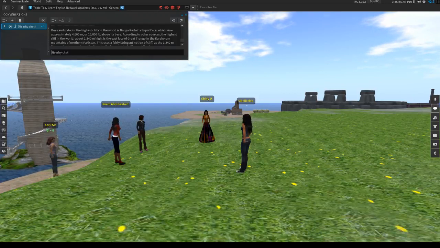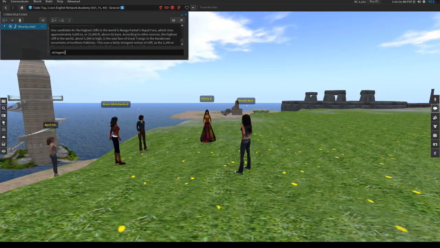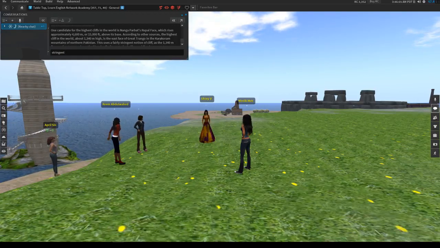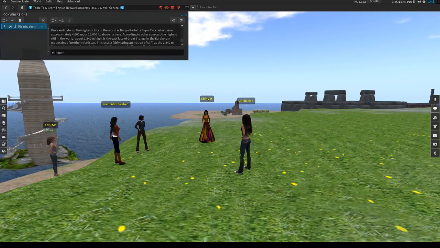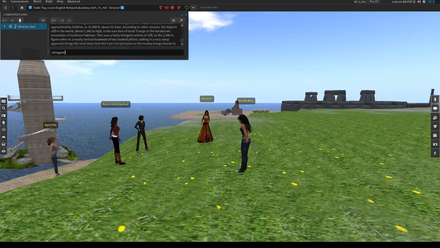This uses a fairly stringent notion of cliff, as the 1,340-meter figure refers to a nearly vertical head wall of two stacked pillars. Adding in a very steep approach brings the total drop from the east face precipice to the nearby Dunge Glacier to nearly 2,000 meters. I don't know which language that is. Dunga, but it could be Dunga.